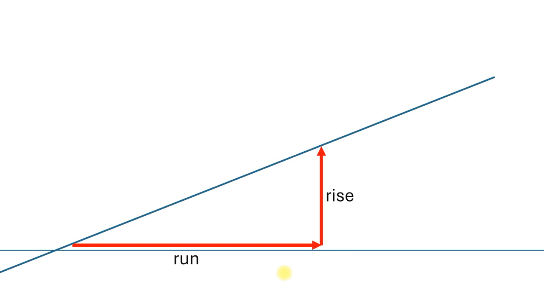We can refer to our movement along the x-axis as the run, and we can refer to the movement along the y-axis as the rise. If we draw a line connecting the beginning of the run to the end of the rise, we get something that looks like a hill, which we will refer to as the slope.